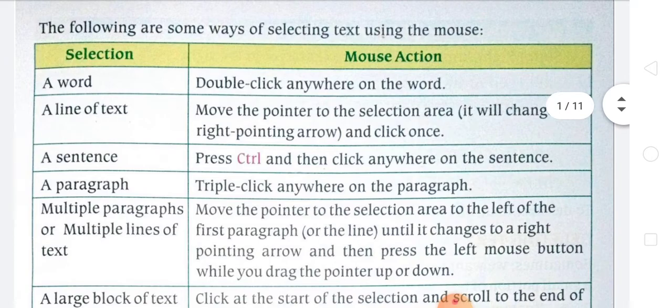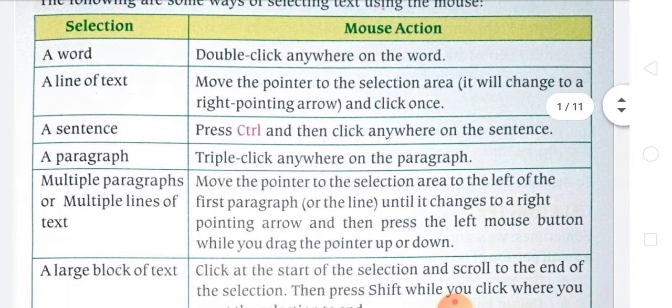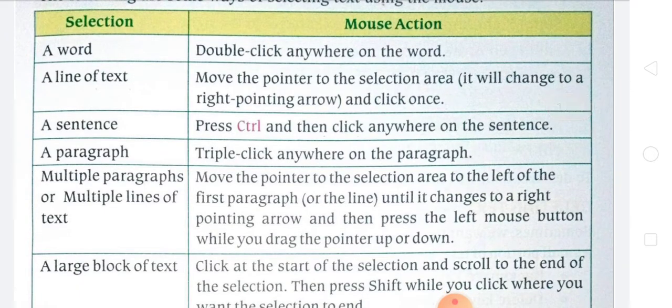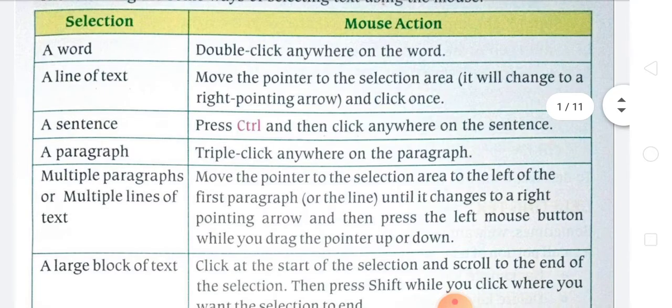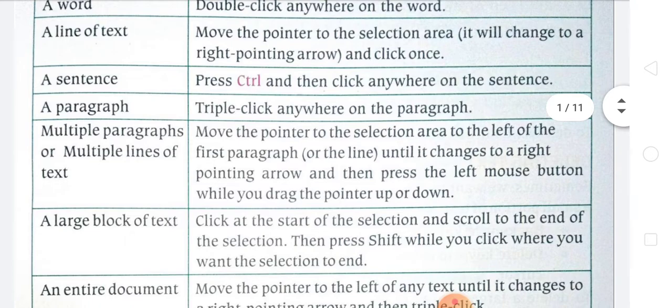For a word selection you have to double click anywhere on the word. For a line of text selection you have to move the pointer to the selection area. It will change to a right pointing arrow, and click once. For a sentence you have to press Ctrl and then click anywhere on the sentence, and for a paragraph triple click anywhere on the paragraph.